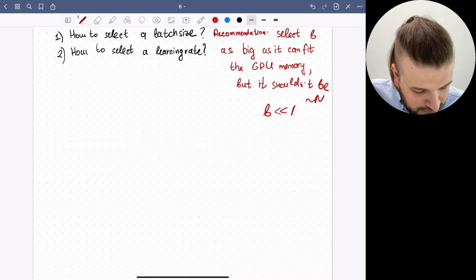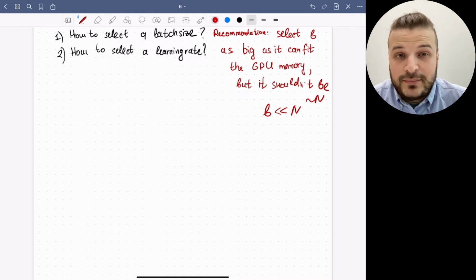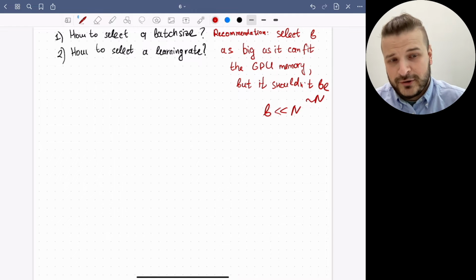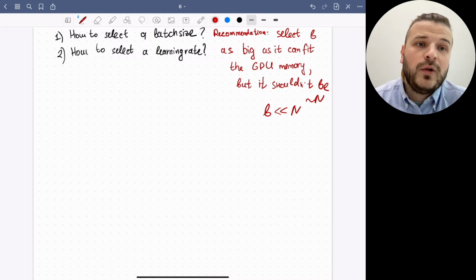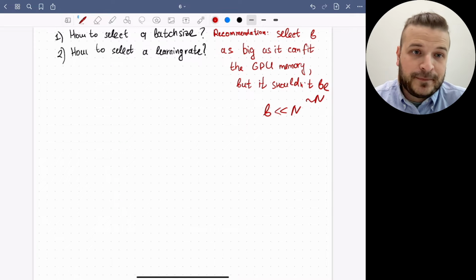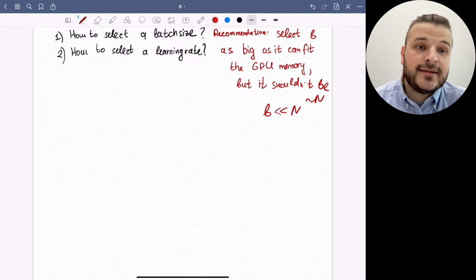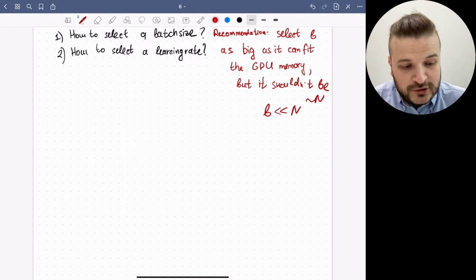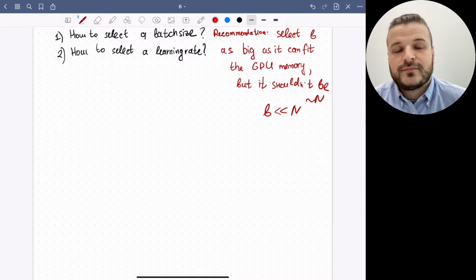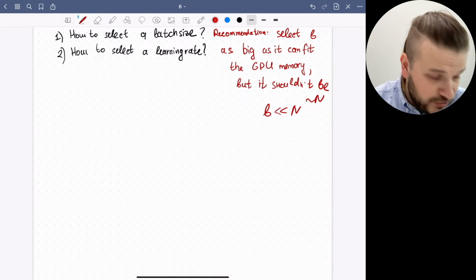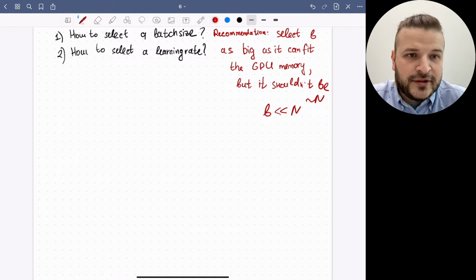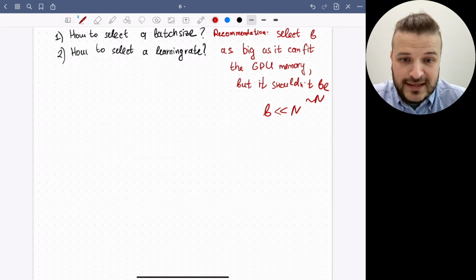B still should be significantly less than n, because if B is like half of n, that's a problem, because the noise is too small and you lose the regularization property of the stochastic gradient descent algorithm. But typically for modern problems, people are trying to use very large batches, because it speeds up the training, and that's important for large models here.